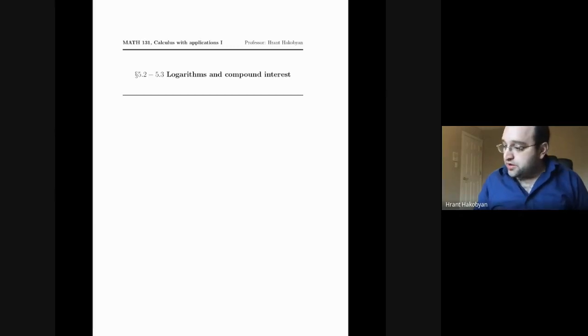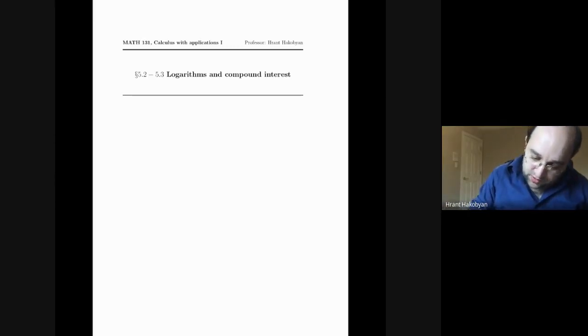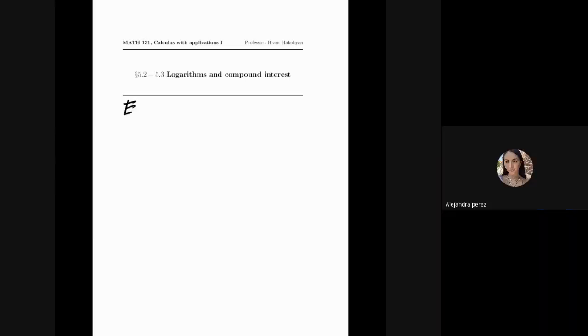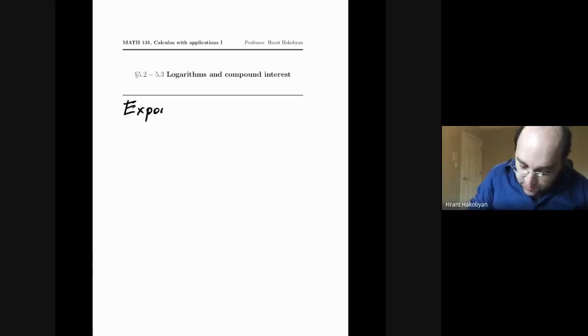Last time we talked about exponentials. If you remember, exponential functions look like this: y is equal to b to the power x.